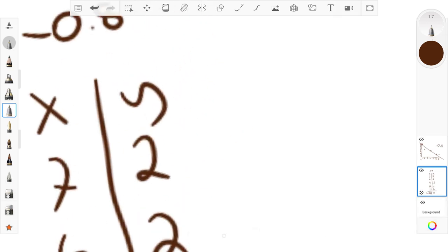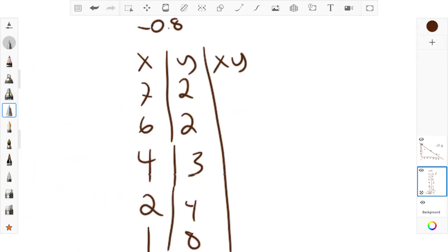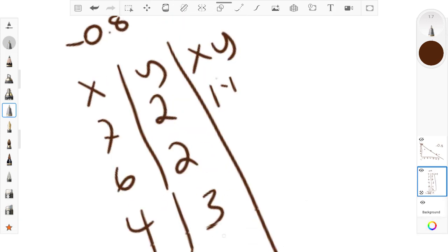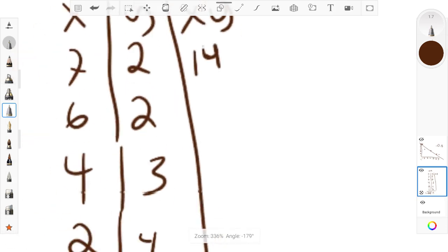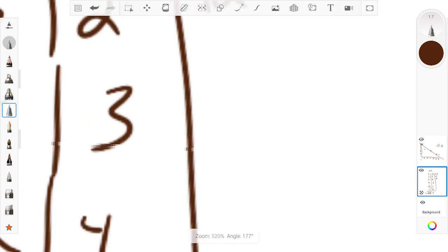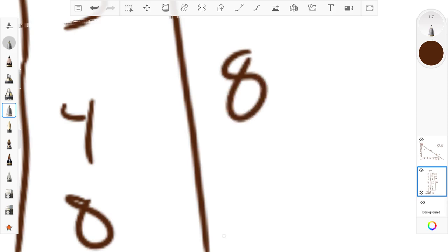Now we'll find x squared, which, let me grab my calculator, sorry. Oh, I just realized we'll do xy now, because it's right next to each other, so it'll be easier to look at. 7 times 2 is 14. 6 times 2 is 12. 4 times 3 is 12. 2 times 4 is 8.